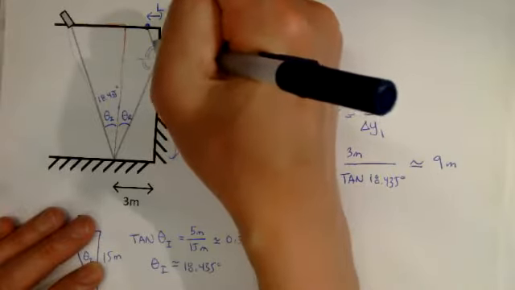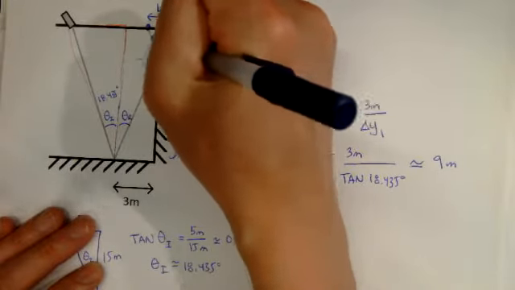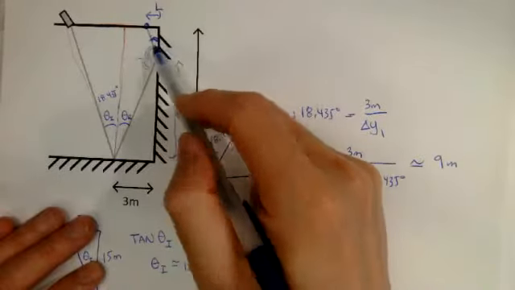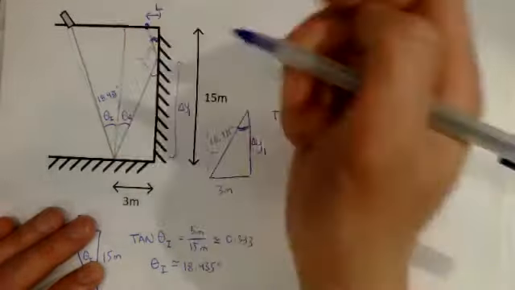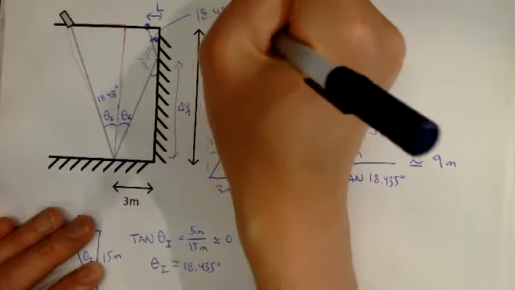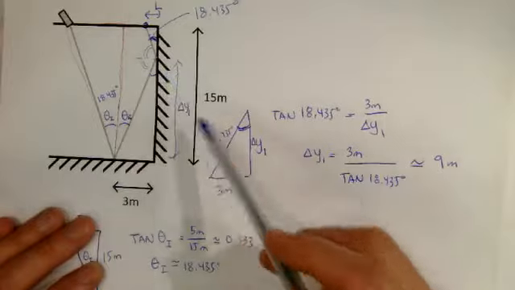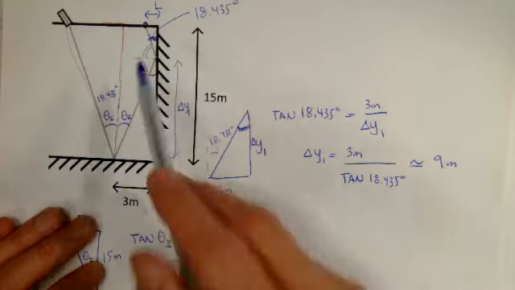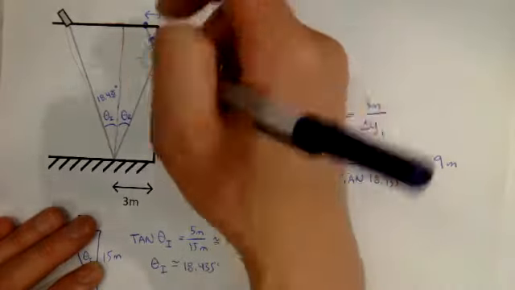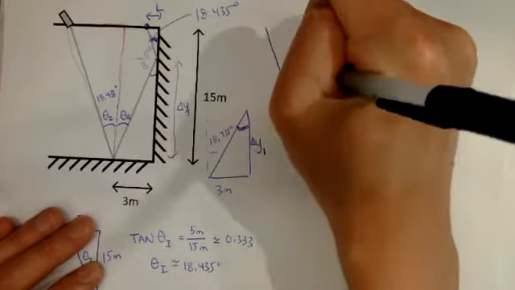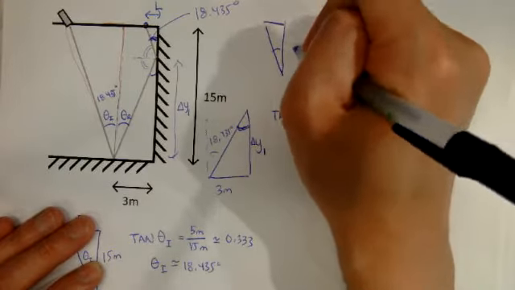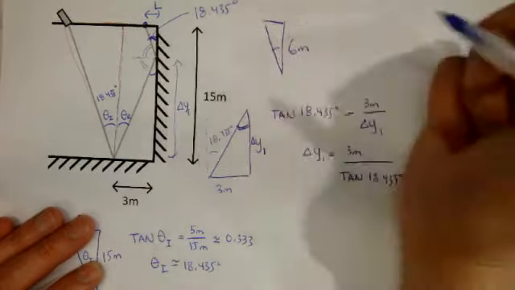But that also means that this angle has to be 18.435 degrees also, right? And if delta y1 is 9 meters and this total length is 15 meters, that tells me that this has to be 6 meters.